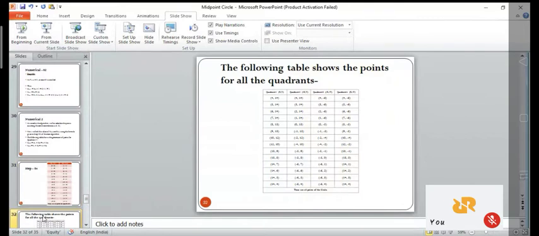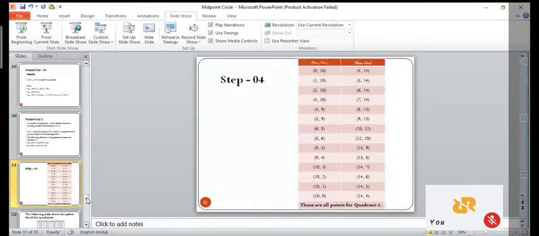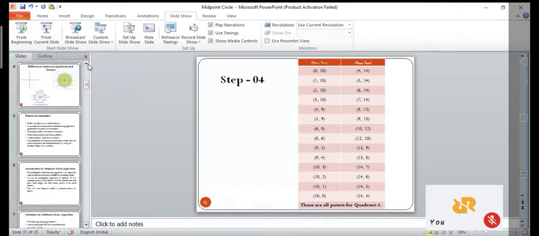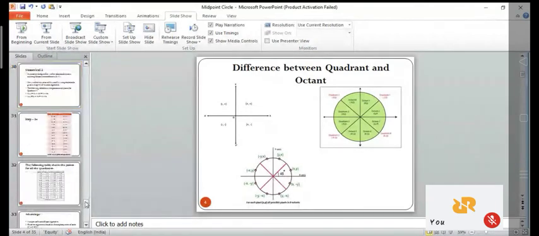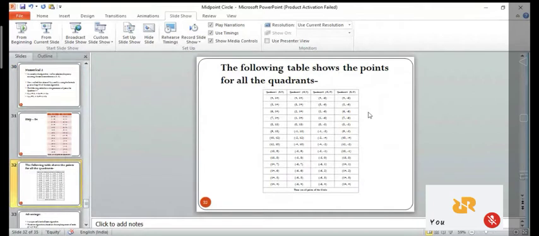So if you want to obtain them for the quadrants, based on the circle diagram that we had seen, you are going to change the sign convention and obtain the values for the rest of the octants. Okay, for the rest of the octants you can find out. So this is how it is given over here.